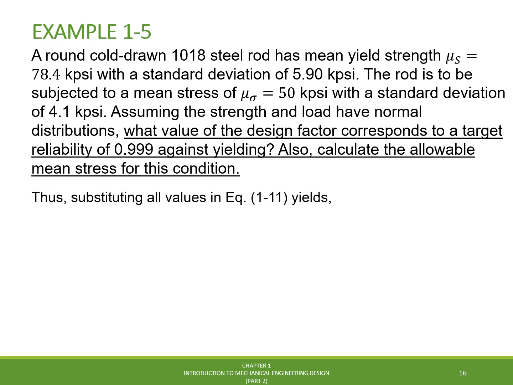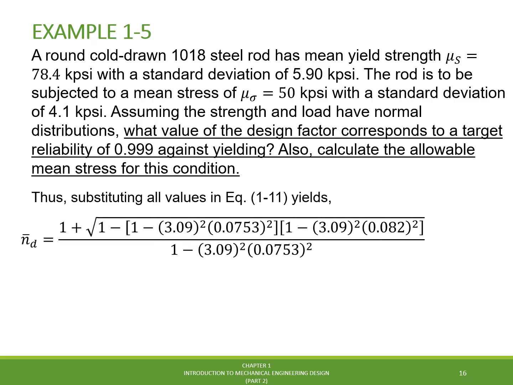After that, we're going to finally substitute everything into equation 111, which is going to read like this. Keep in mind that we have to take the plus sign, since the target reliability here is 0.999, which is greater than 0.5. So that's why we need to plug in the plus sign.